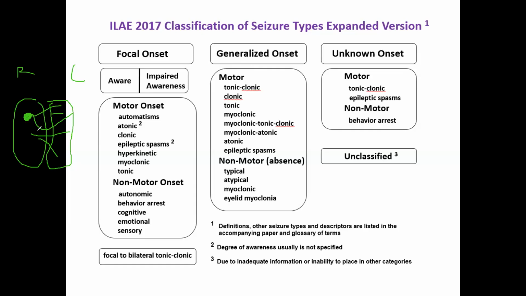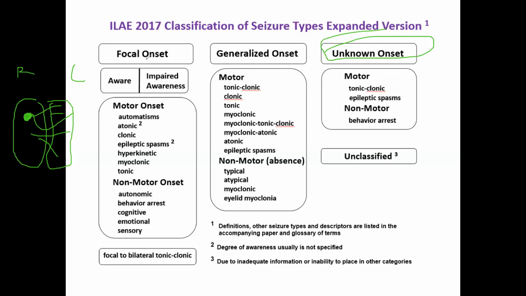So in practice, it's a bit difficult to see it progressing from one side to the other. You generally see it as both sides being involved at once, okay? I'll come back to that later. There's nothing called focal to generalized. We'll look at that. Unknown onset is basically when you don't know the onset.